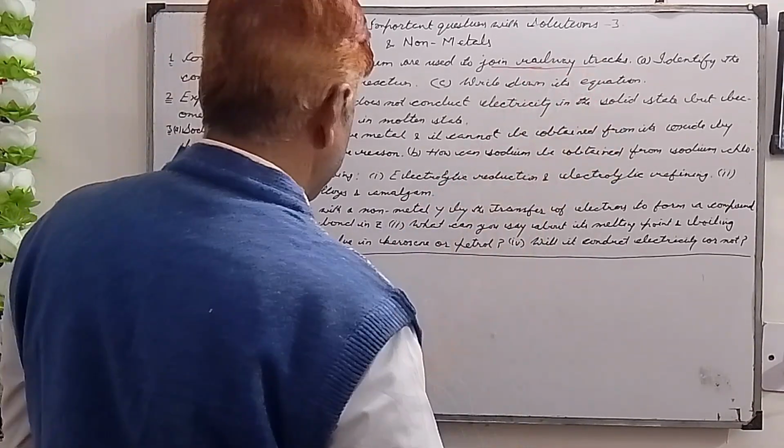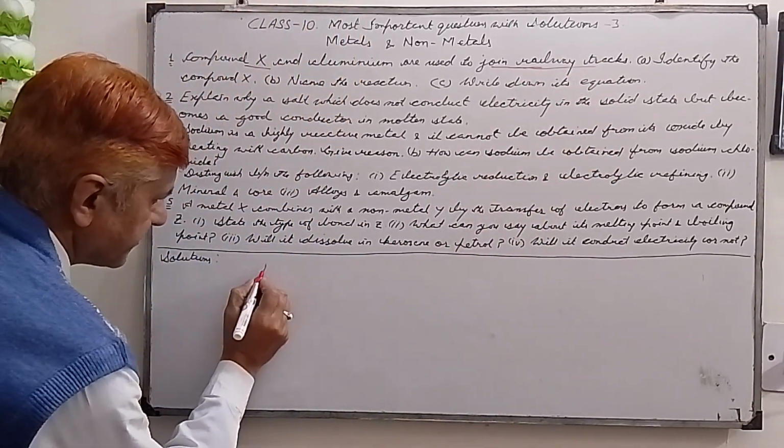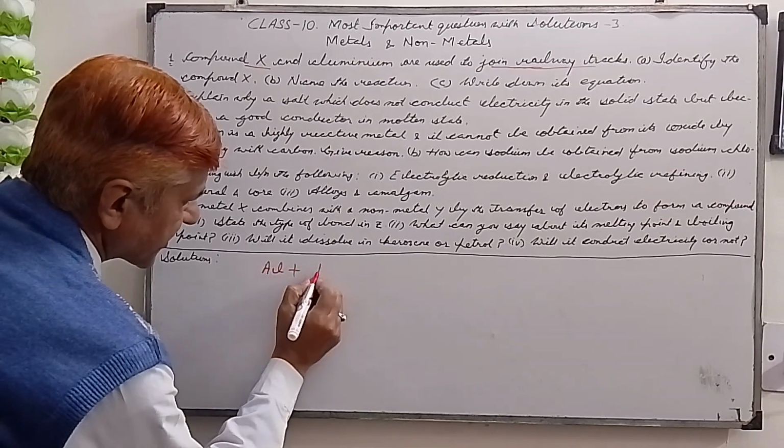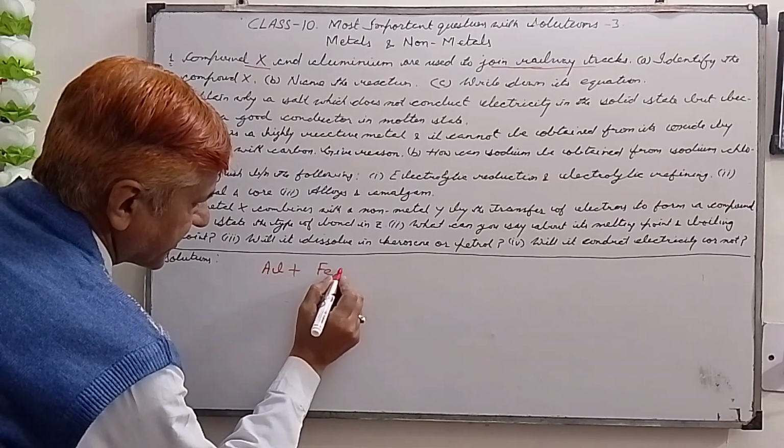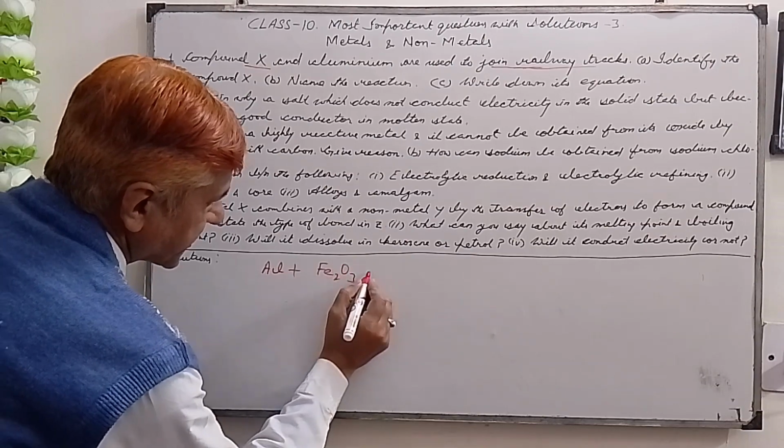Write down its equation. So aluminium plus Fe2O3.